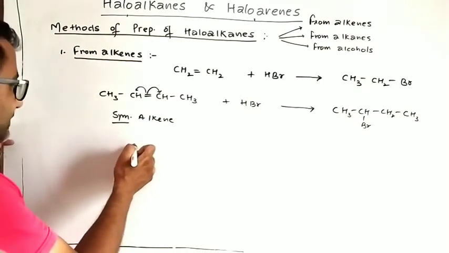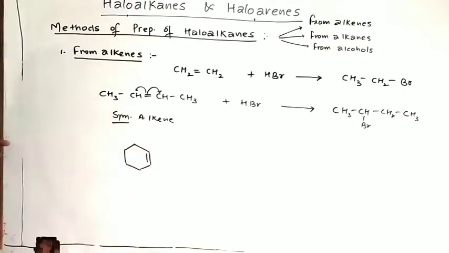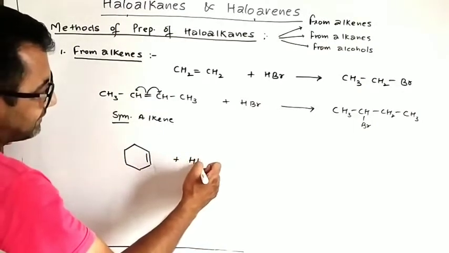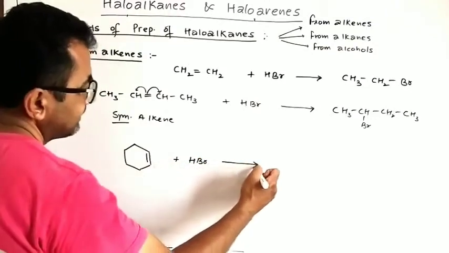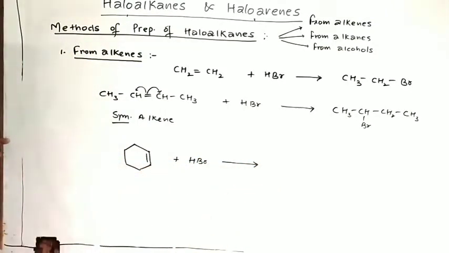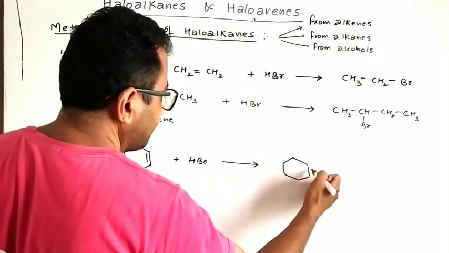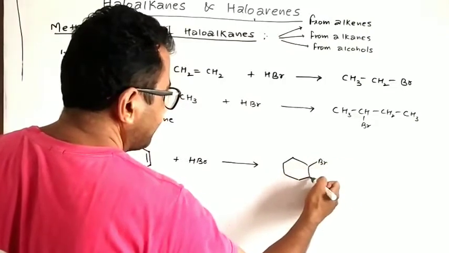If we have an alkene like this, cyclohexene, and we add HBr, you can add Br or H on this carbon or this carbon, anywhere. You will get bromocyclohexane. Say you add Br here, H here.